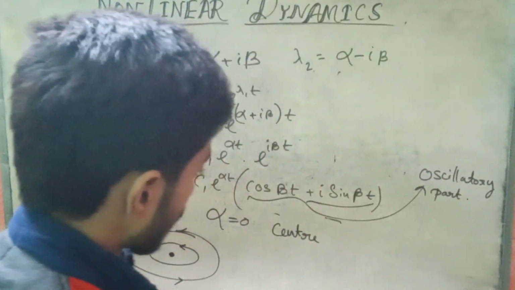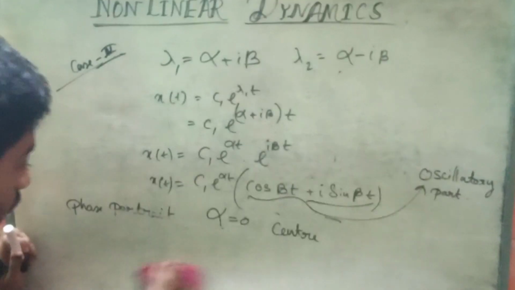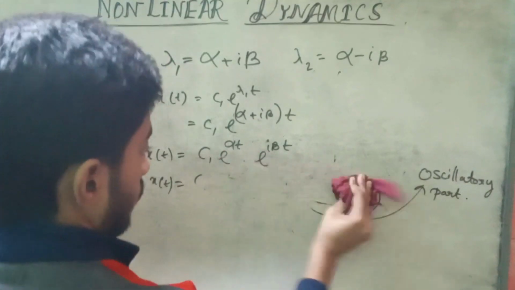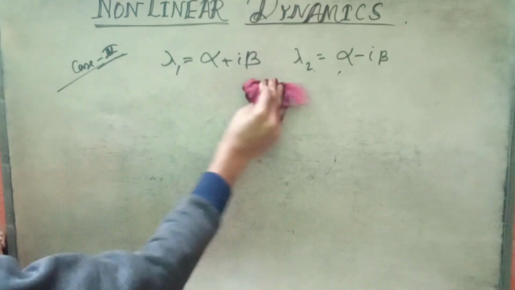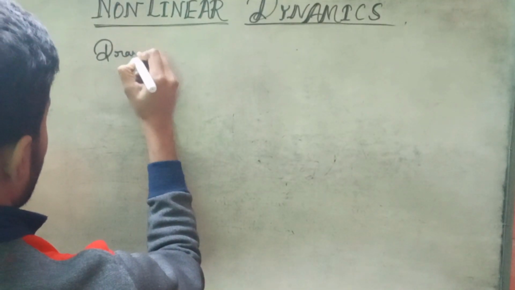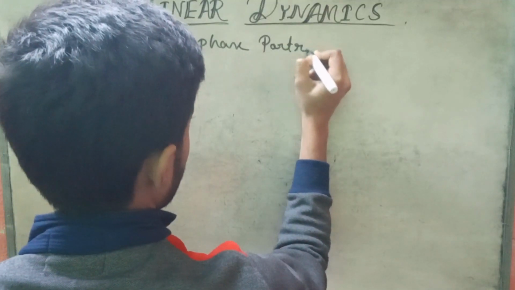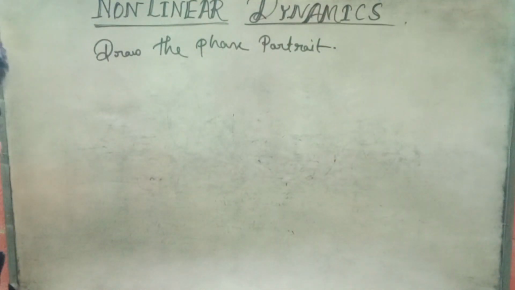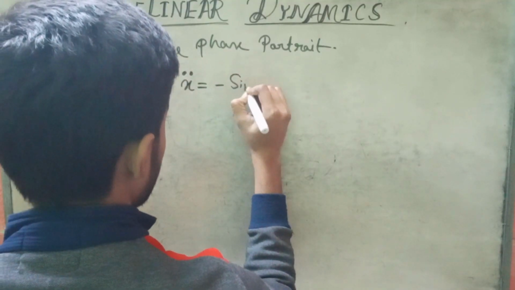Now let's erase this part and take an example and draw a phase portrait for the system x double dot equals minus sin x.